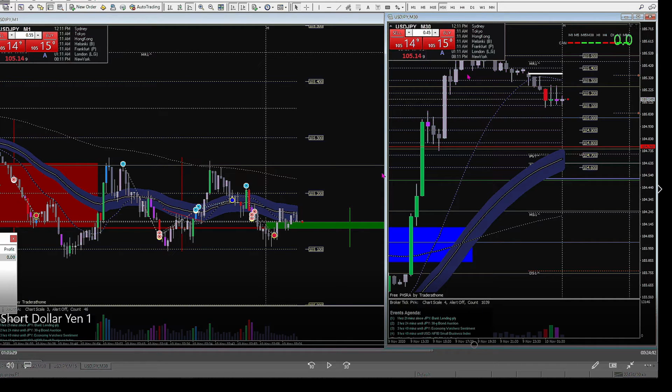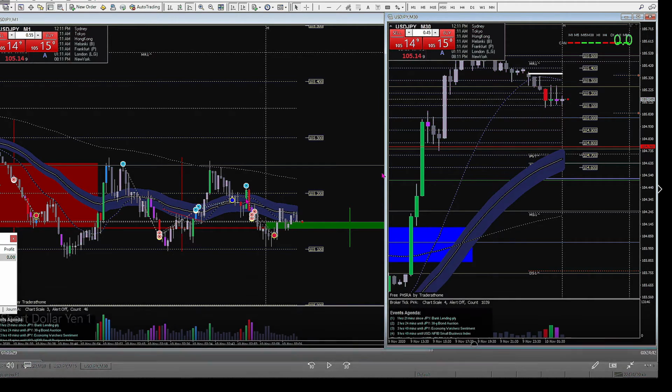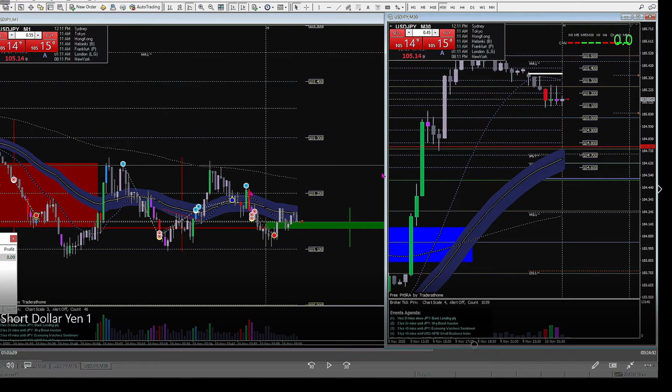Now, the two candlesticks here, if you remember in my last video about the live trade, when I talked about these two candlesticks, they're always giving you a picture of what's to come. All right, so I'm going to press play and we'll see what happens.